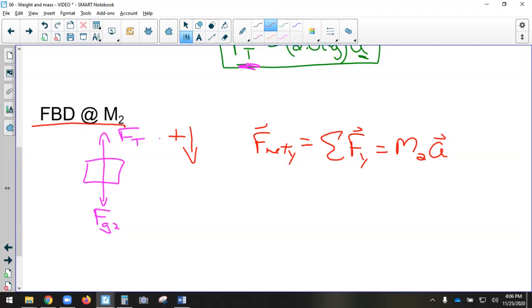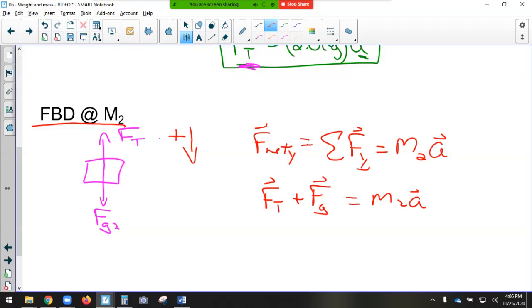Strings will actually stretch, but we're in fundamental physics, so we assume that nothing stretches. So whatever the tension is, everything has the exact same acceleration. Try not to look too far into that this year. So we've got two forces in the y. We've got our tension force vector added to our weight vector, and that's equal to mass 2 times the acceleration.